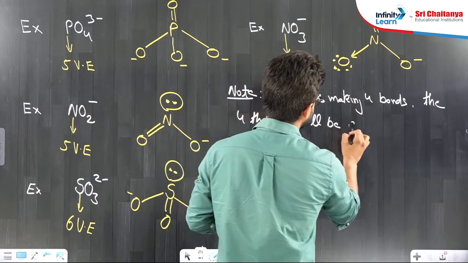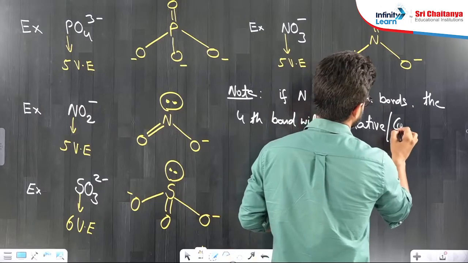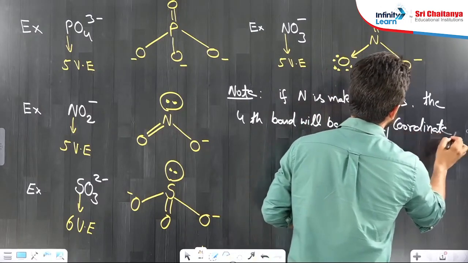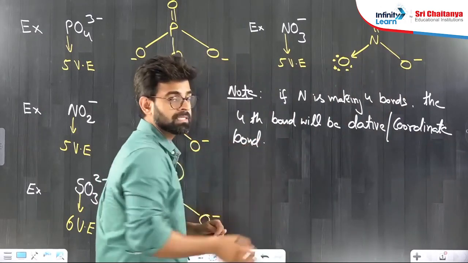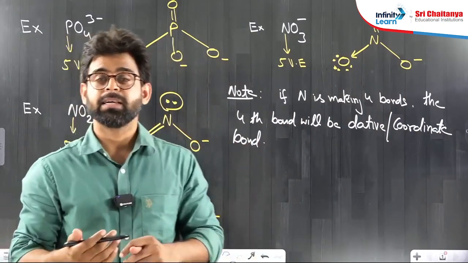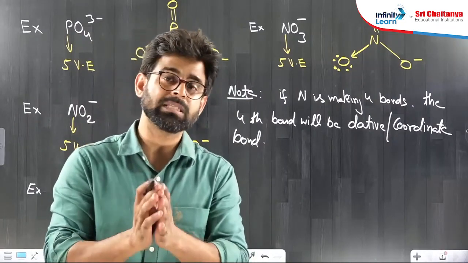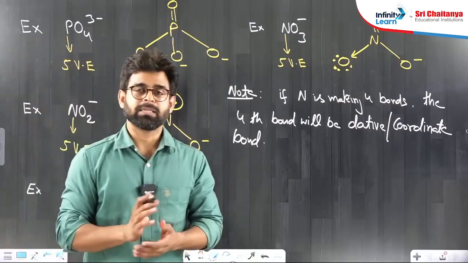You can say dative bond or coordinate bond, both are the same thing. This will help you to solve one more type of questions. Sometimes they ask which of the following is having a dative bond or coordinate bond. So if you see a structure in which nitrogen is making 4 bonds, definitely it is a coordinate bond.